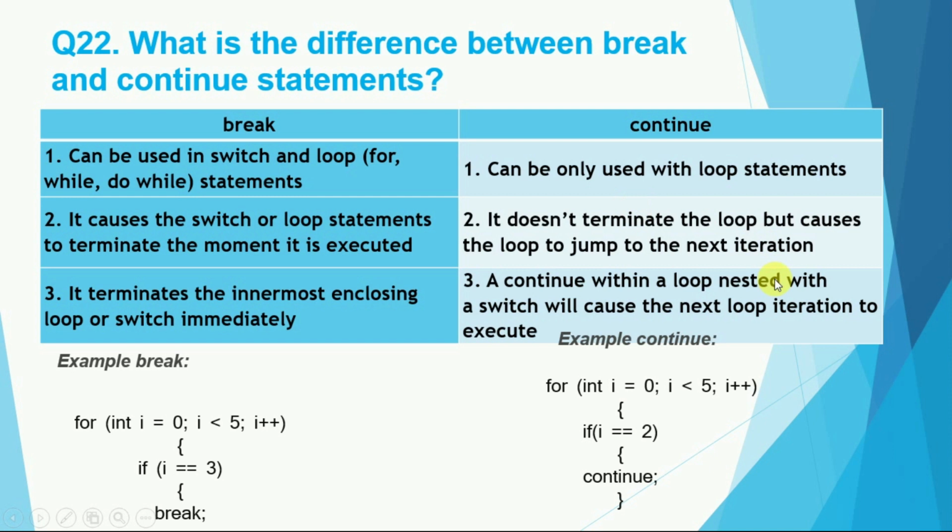It basically helps us skip that particular iteration. Break terminates the innermost enclosing loop or switch immediately, while continue within a loop nested with a switch will cause the next loop iteration to execute. So this is basically an example of break and continue. You already used the break and continue statements in our programs.